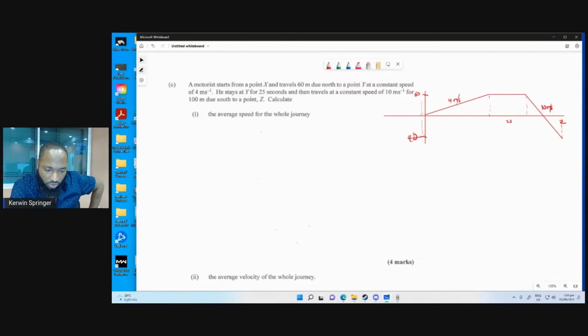Average speed for the whole journey. I need the length of the journey. The direction of the distance is not important.